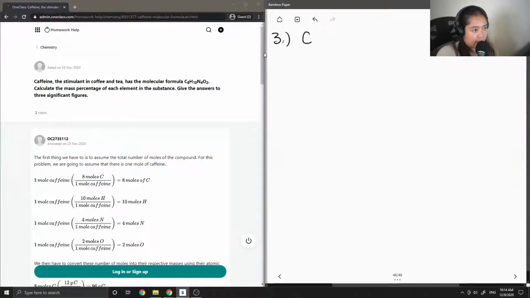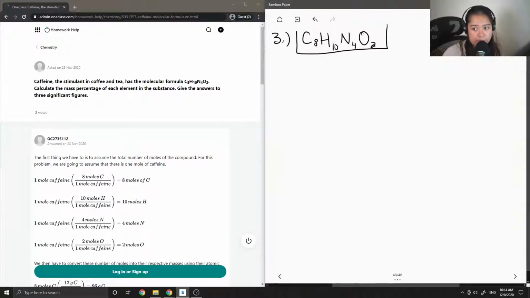Okay, so they give us the formula for caffeine. And to answer this question, we want to assume that we have 1 mole of caffeine, and from there we can calculate the number of moles and then hence the number of grams of each of the atoms that are present in 1 molecule of caffeine.